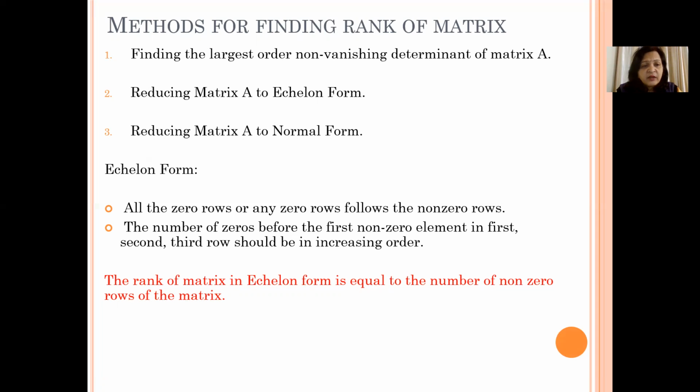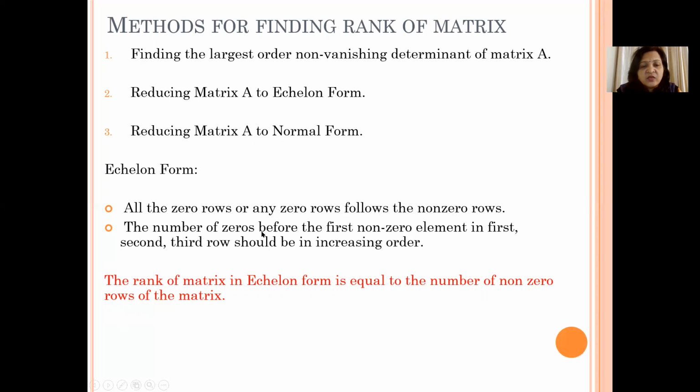Now we come to the second method, that is echelon form. In echelon form, all the zero rows, or any zero row, follow the non-zero rows.